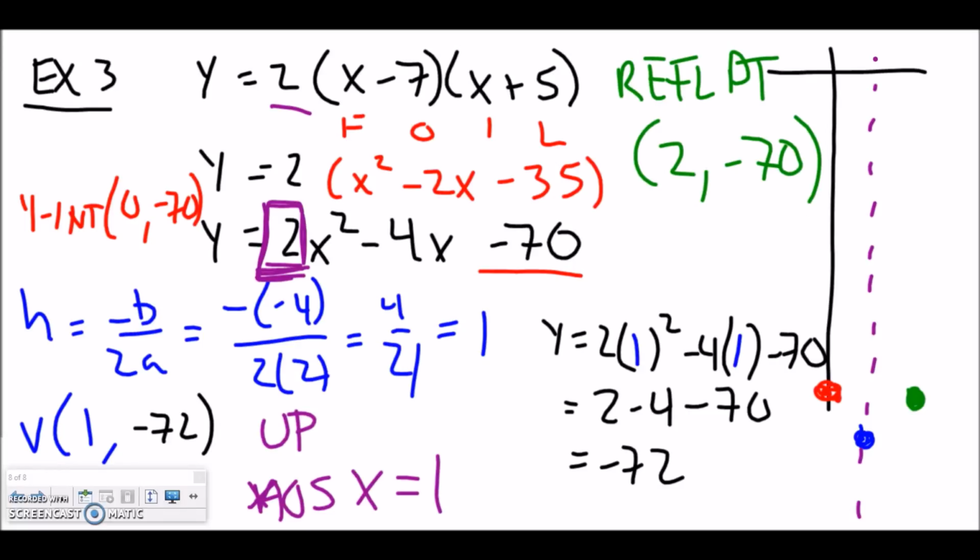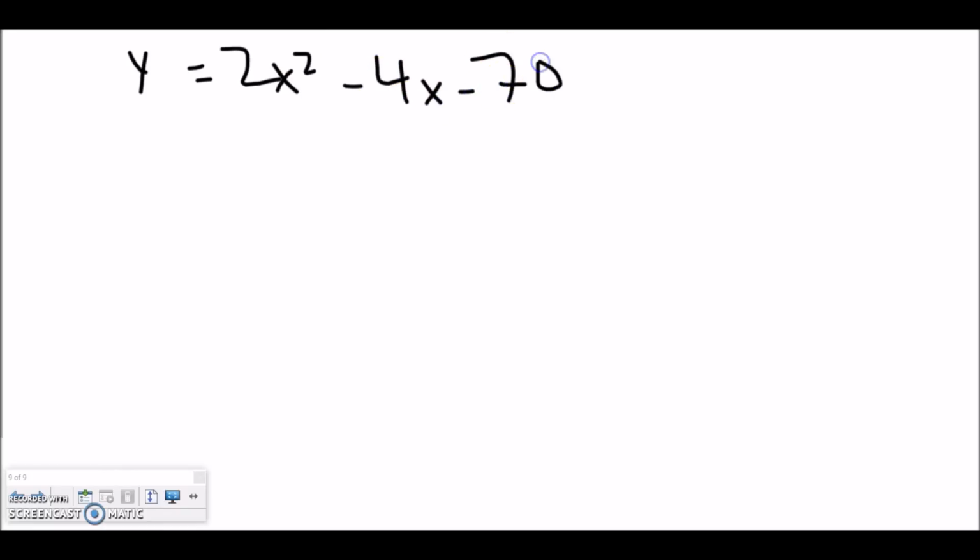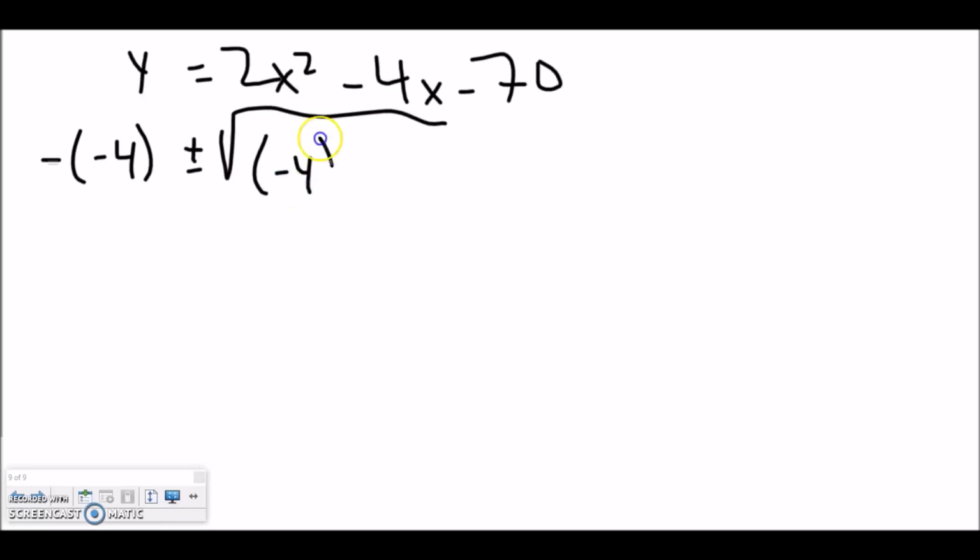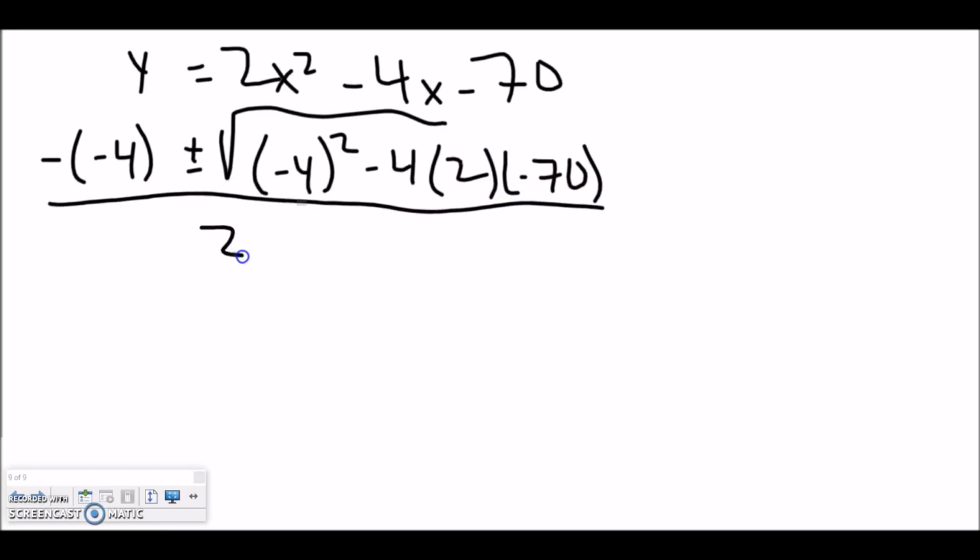Well, that leaves the last thing for us to do, the x-intercepts. Let's do that. We have y equals 2x squared minus 4x minus 70. Use the quadratic equation. Negative b, which is minus negative 4, plus minus the square root of b squared minus 4 times a times c, all over 2a.